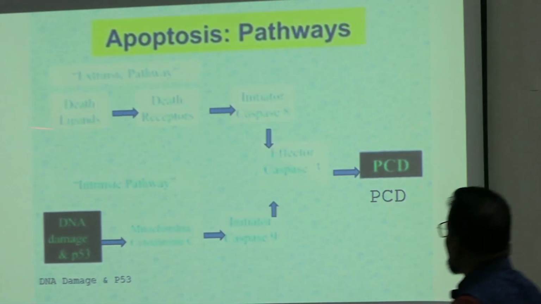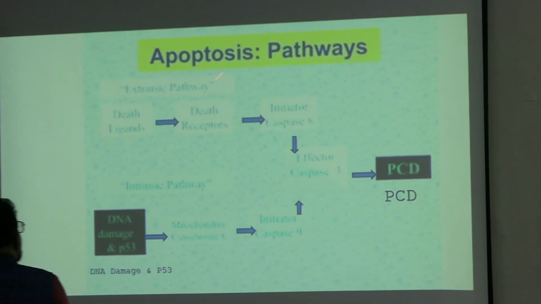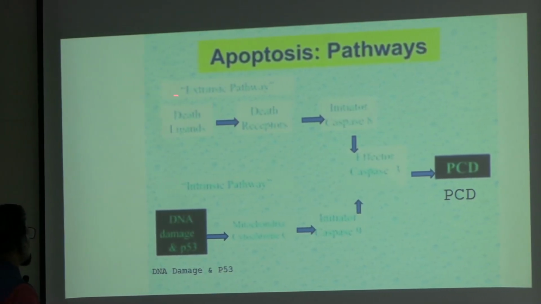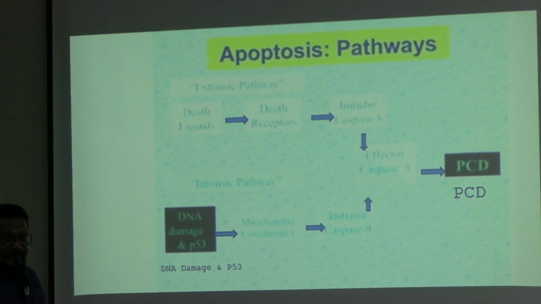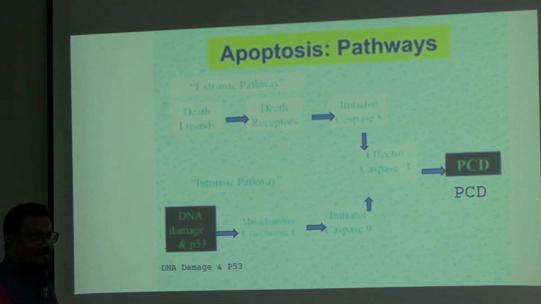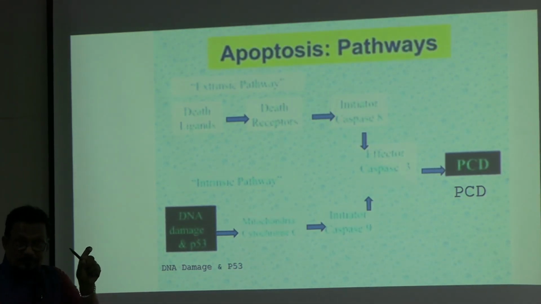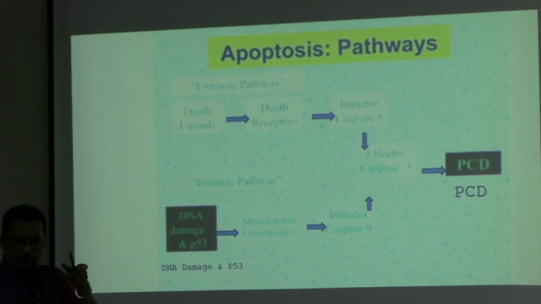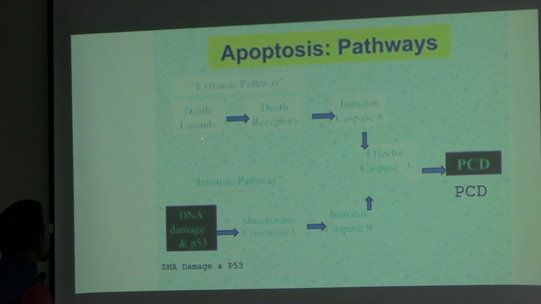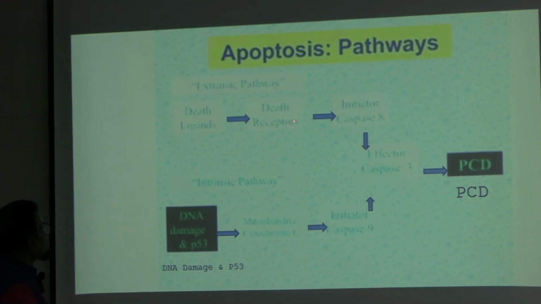See, this is the external pathway. So you have seen death ligands, like hormones. There are specific hormones that will cause death. They will bind with the death receptors.